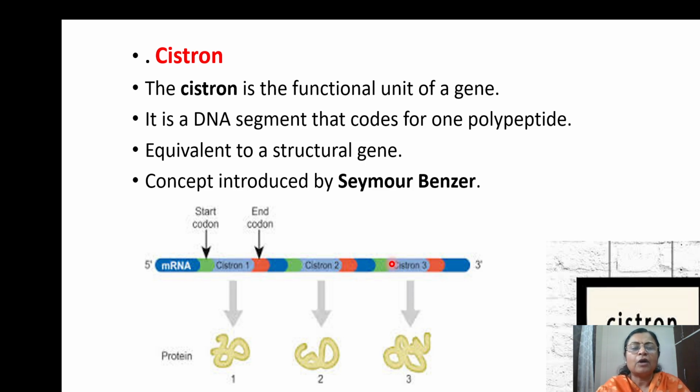So you have to know the names of various scientists. This scientist Seymour Benzer proposed this concept of cistron. In this image, these are the different genes and these are the gene products. So the functional unit of the gene is known as a cistron.